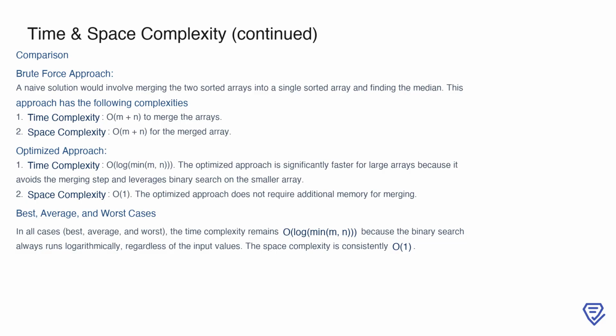In contrast, the optimized approach avoids this merging step entirely, reducing the time complexity to O(log(min(m, n))) and the space complexity to O(1). Furthermore, the optimized approach maintains its efficiency in all scenarios, best, average, and worst cases, because the binary search always operates logarithmically, regardless of the input data. This consistency highlights the robustness and scalability of the optimized solution, especially for handling large arrays.